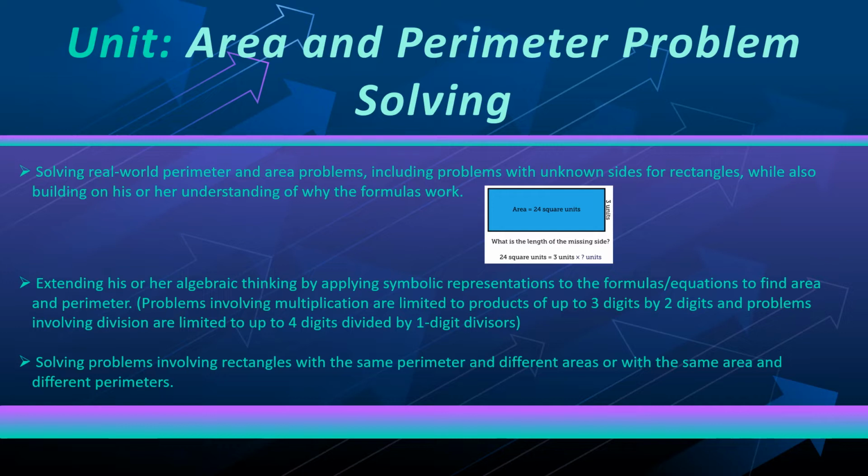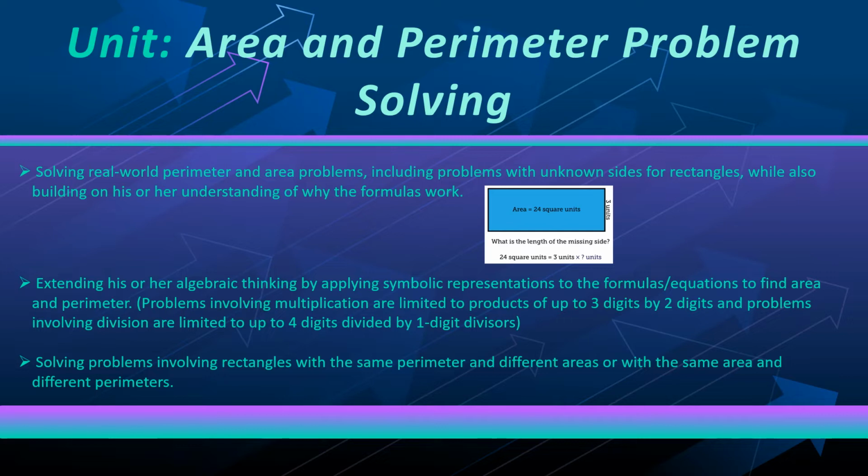Within this unit, we're going to be solving real-world problems involving perimeter and area, which means they have to identify if it's representing area or perimeter or what they're finding out. It also includes problems with unknown sides for rectangles. We may use symbols to represent those unknown sides when writing it as an equation, and also have students explore and discover formulas that they can apply every time to find area and perimeter.